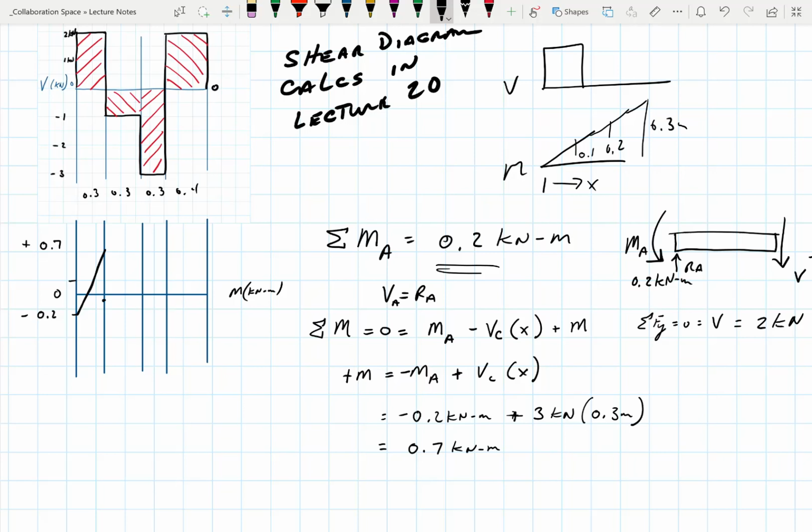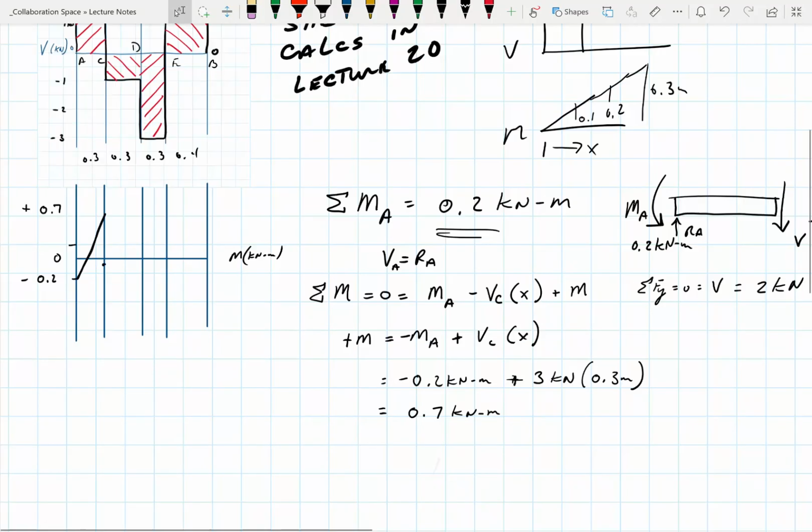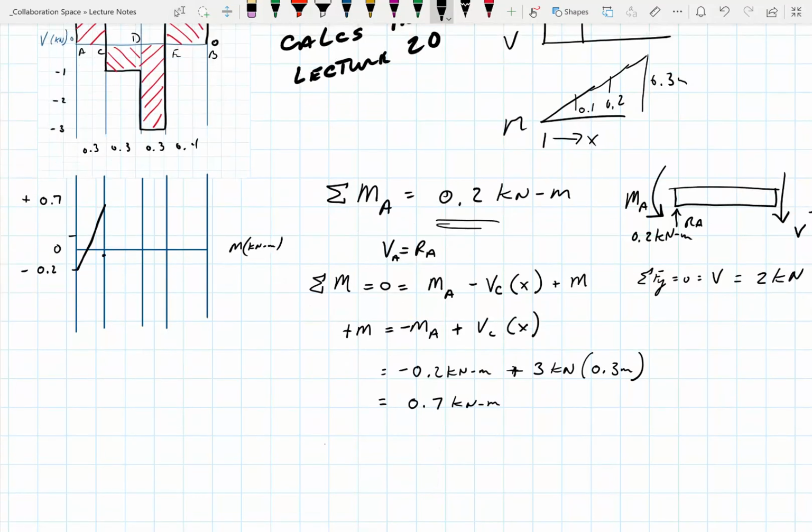Okay, so the next one is we're here. We want to take care of this area from this over to VD, right? So this was A, C, D, E, and then B, okay? So now the next equation becomes this. Sum of the moments equal to 0 equals M, and this is actually M at C now, okay?